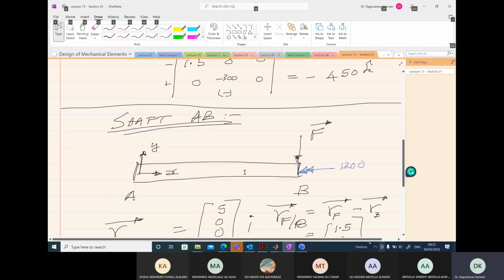So your moment is going to be like this. Torque B is equal to this. Moment B on the other hand is 450. Just in case, if you want to put negative signs, you can, to show that it is in the negative z direction or negative x direction. Okay, so we have F, torque, and bending moment.